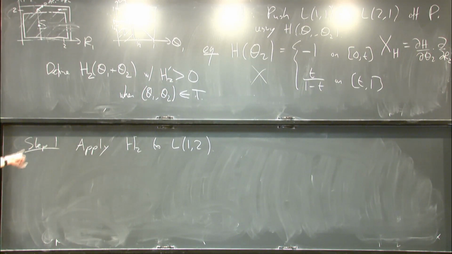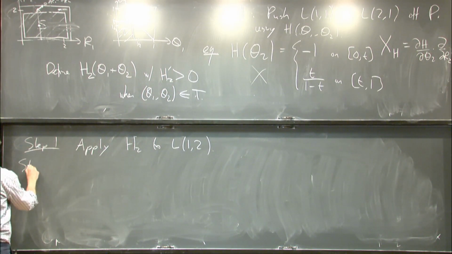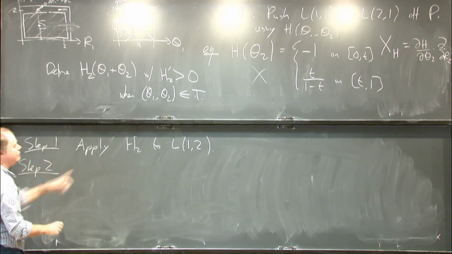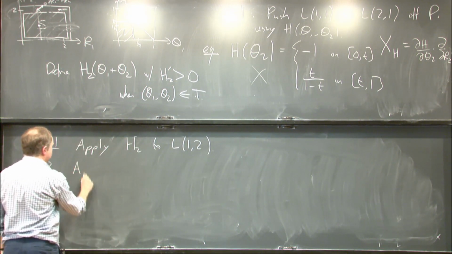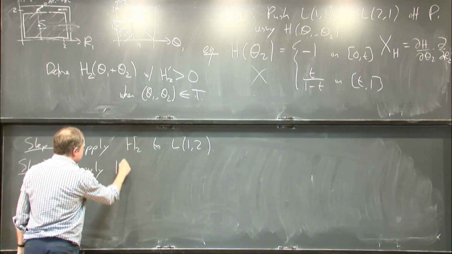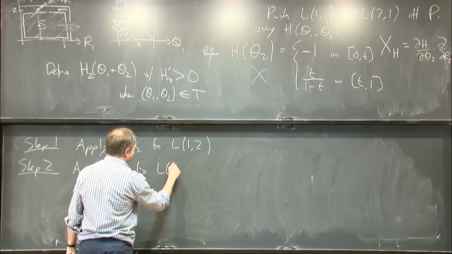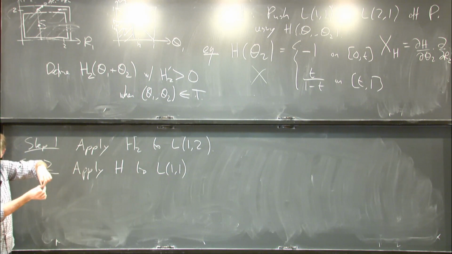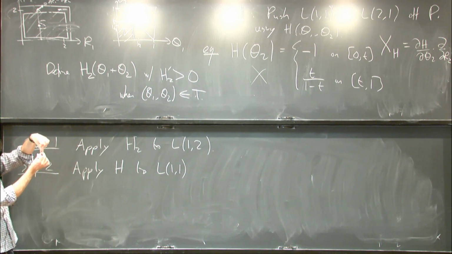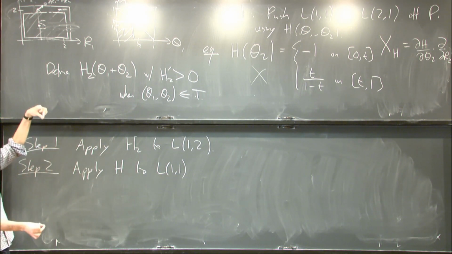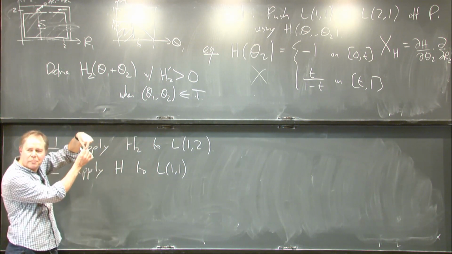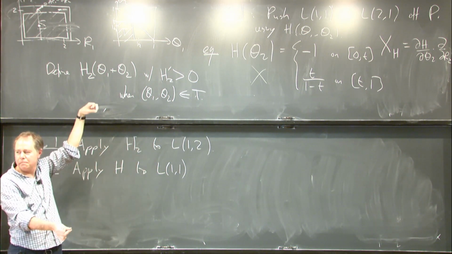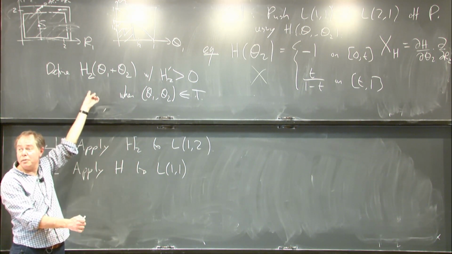Anyway, right, so you apply H2 to L12, and then step 2, you just go back to the first attempt. So then you apply the first H to L11. You do it as much as you can, but you still have the same problem. At some point, this is going to be intersecting L12 at the same time as it would before.